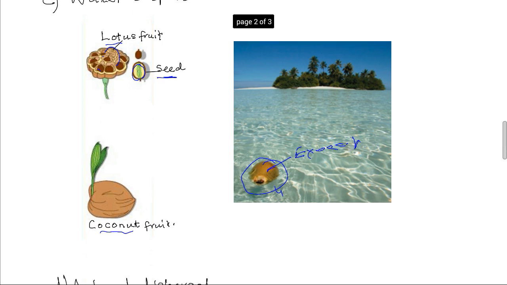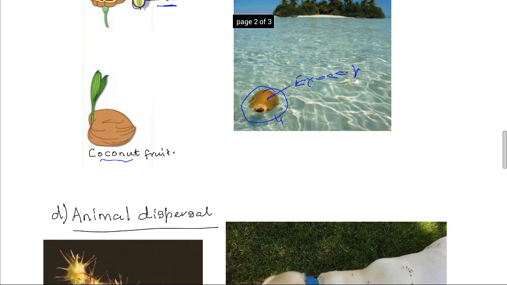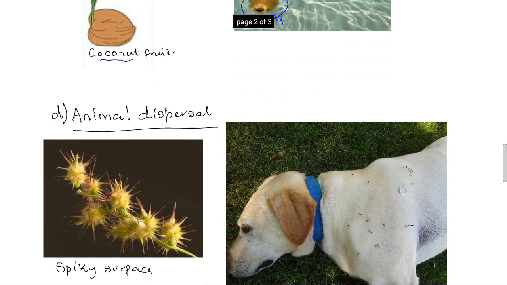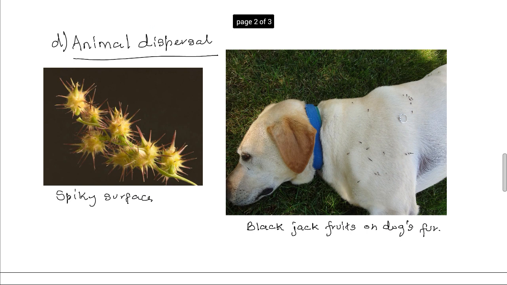Then lastly, we have those seeds and fruits that are dispersed by animals. These fruits may have hooks that help the fruit to adhere to the body of the animal.